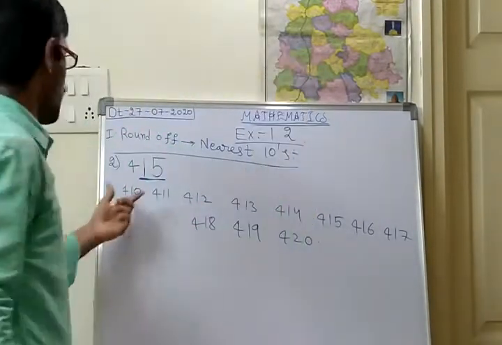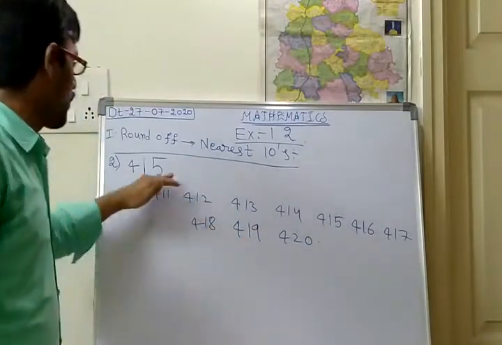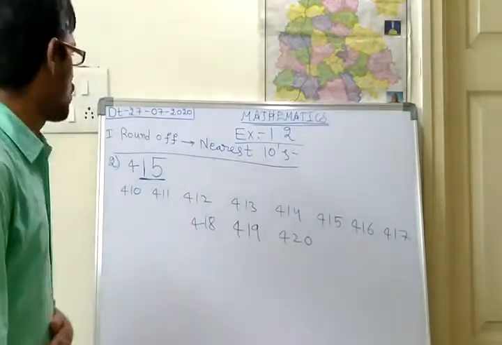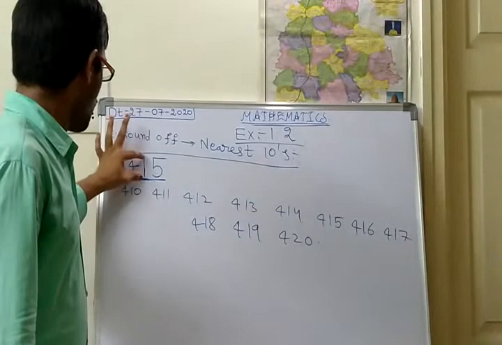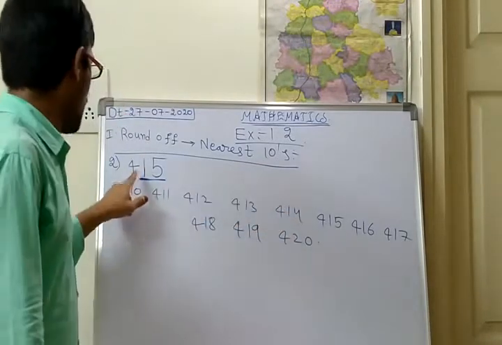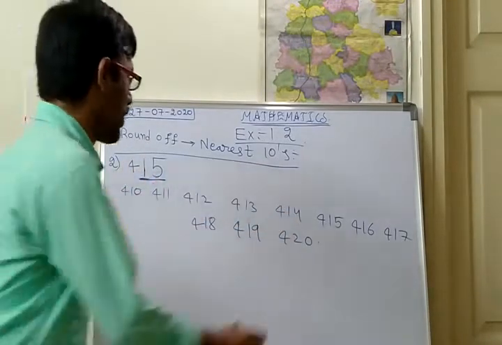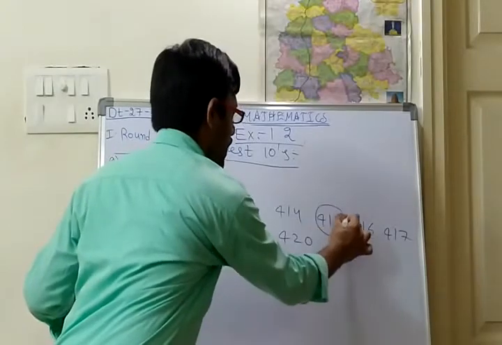So 415 lies in between 410 and 420, isn't it? We should identify where this 415 is. 415 is exactly here.